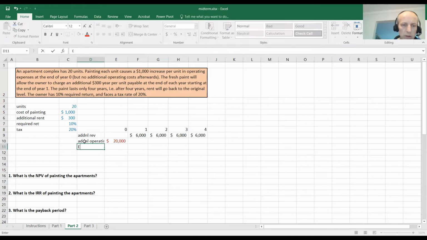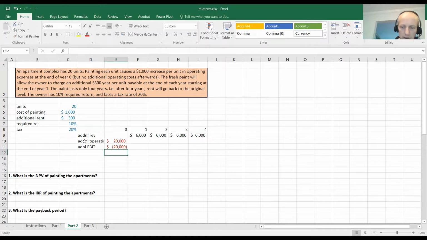So we could calculate the additional EBIT, earnings before interest and taxes. After depreciation, there's no depreciation here. So that would just be the additional revenue minus the additional cost, which of course in year 0 is exactly $20,000, and it's $6,000 after that.